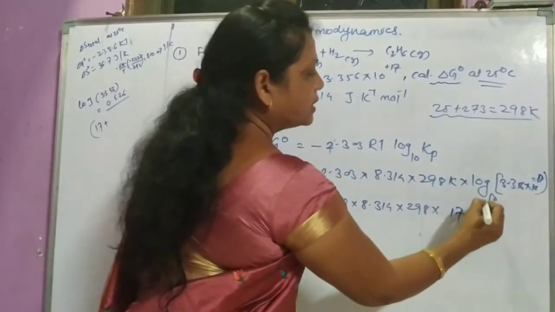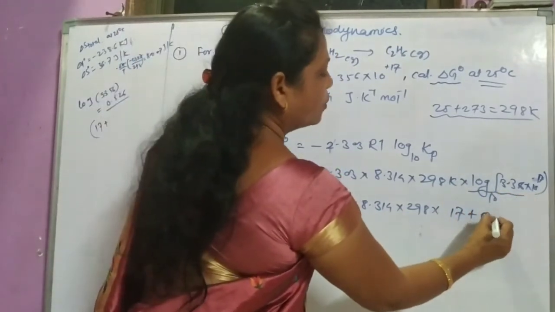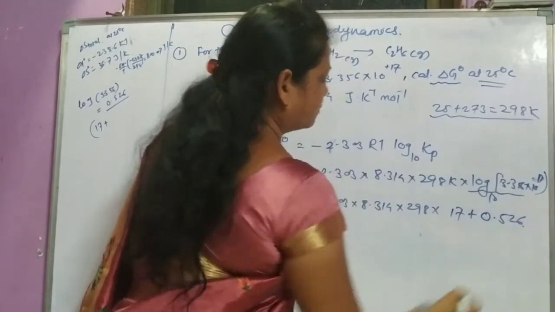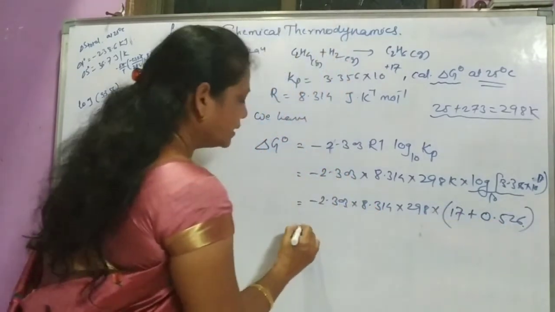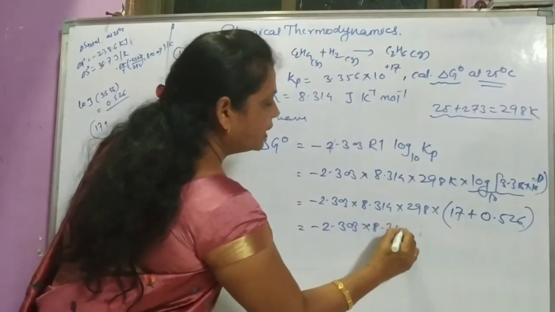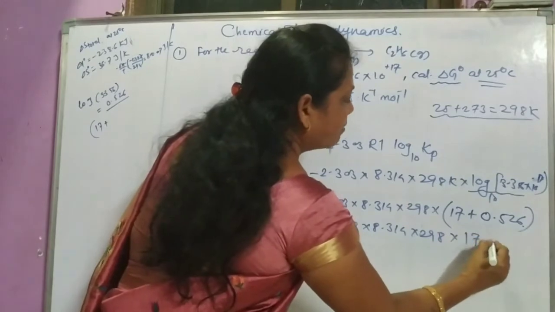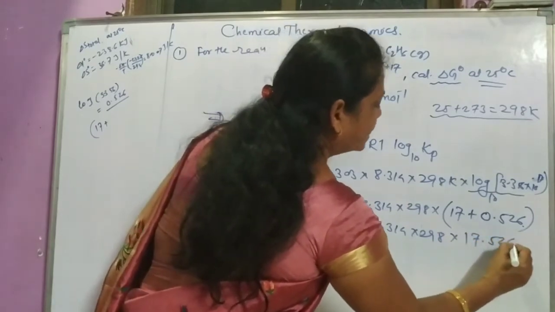Plus log of 3.356, that is 0.526. And this is minus 2.303, 8.314, 298 multiplied by 17.526.